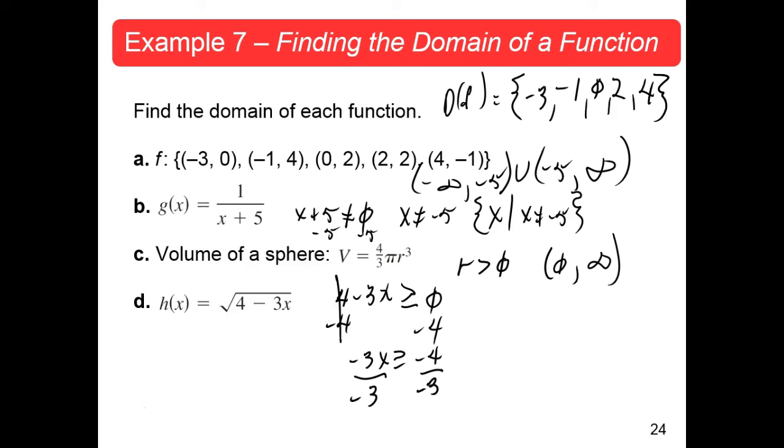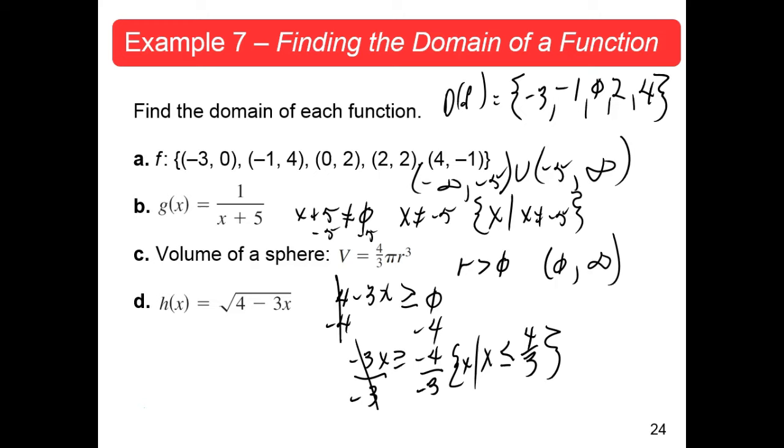So when you do this, what would that come out being? X is less than or equal to 4/3. Okay? Now, I would think this is a perfectly good answer in set notation. The domain would be the set of all x's such that x is less than or equal to 4/3. Okay?